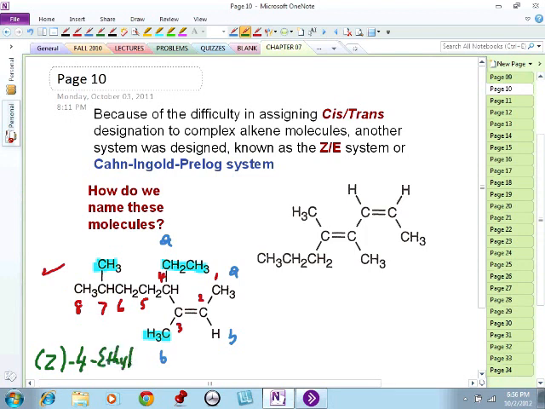For ethyl, 3, 7, very good. 3, 7. Let me take this out of the way. 3, 7 dimethyl, right? 2-octane. Very good.